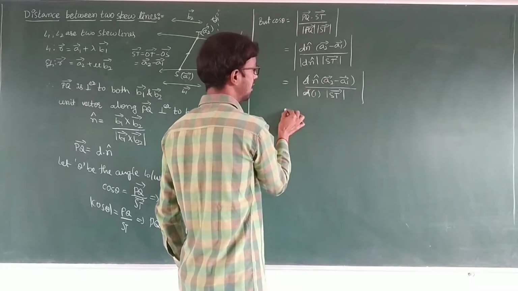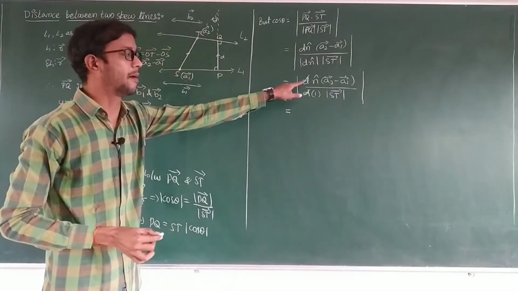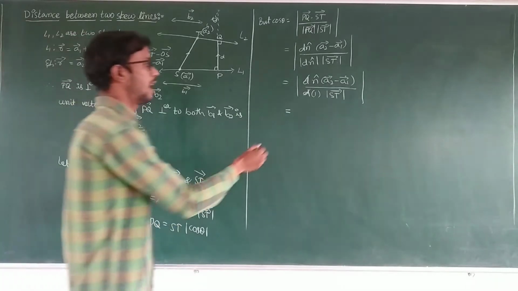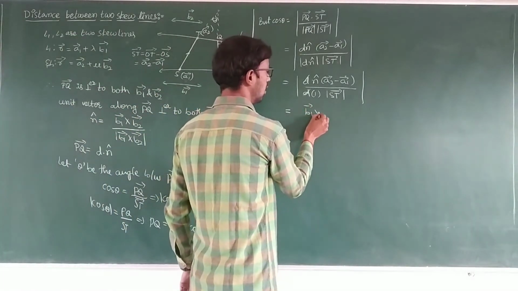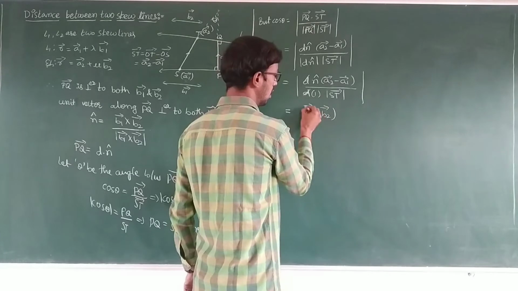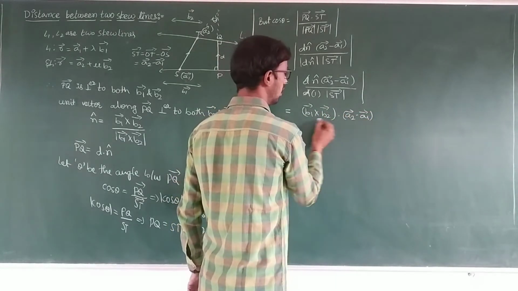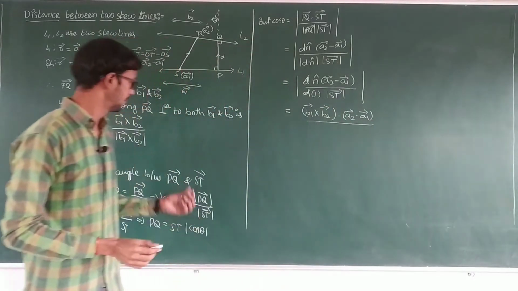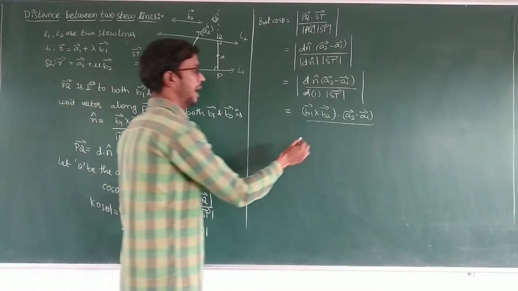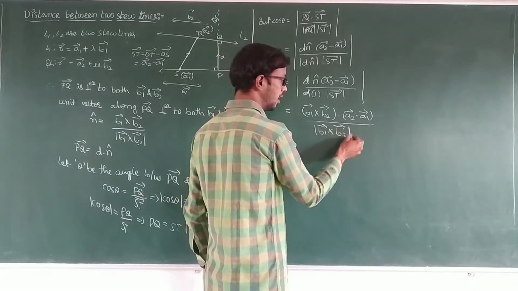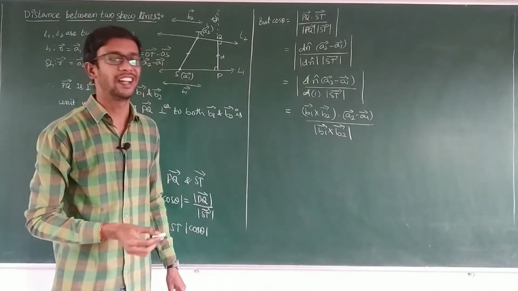So d cancels. What is the n cap here? n cap is b1 bar cross b2 bar dot product a2 bar minus a1 bar divided by this value, magnitude of b1 cross b2 bar.